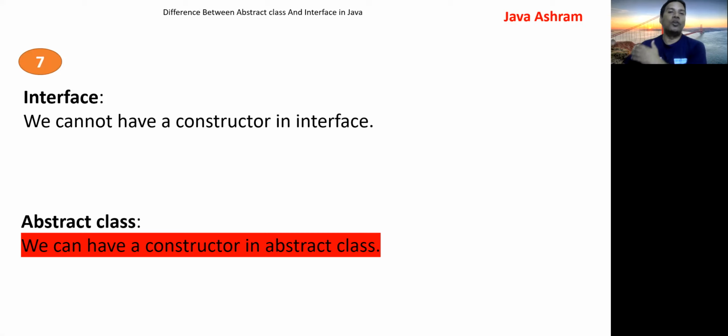So we can have a constructor in an abstract class. First, the interviewer will ask: can we have a constructor in an abstract class? If you say yes, the subsequent questions will be: you cannot create the object of an abstract class, so how can you have a constructor? What is the purpose of having a constructor? So you must understand these concepts.